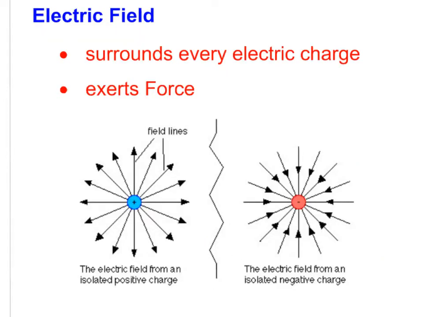So surrounding every electric charge is an electric field. An electric field exerts a force. We have two examples here, a positive electric charge and a negative electric charge. And these are the field lines. For historical reasons and conventionally in science, the electric fields are represented by arrows that indicate how the electric field would make a positive charge move.